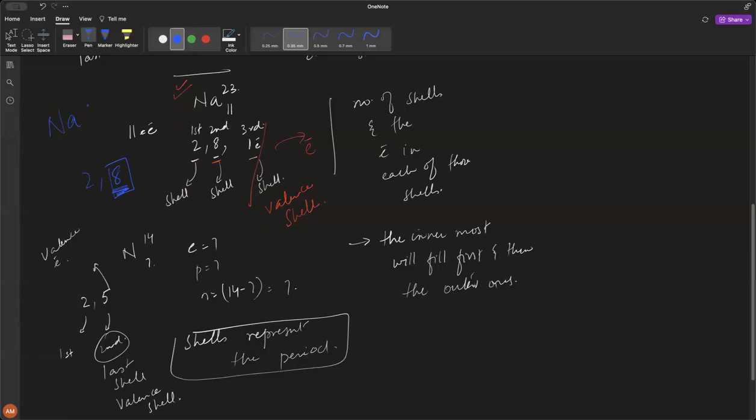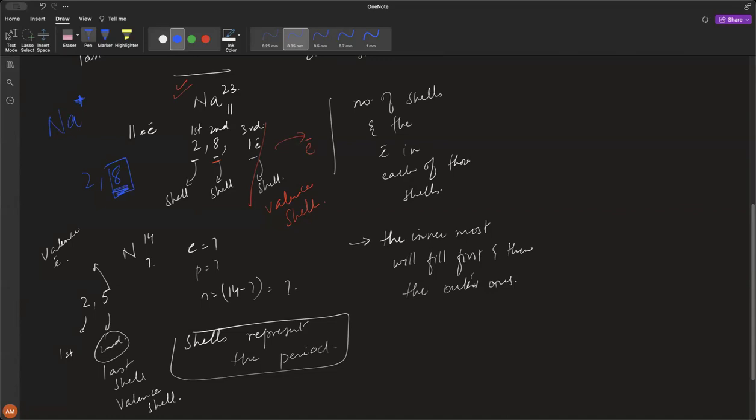The price is that its protons are 11 but electrons are 10. So it is going to get a charge because an electron has left. There is an uneven distribution of charge now. This is the price it has to pay, and it becomes an ion. Do you understand?